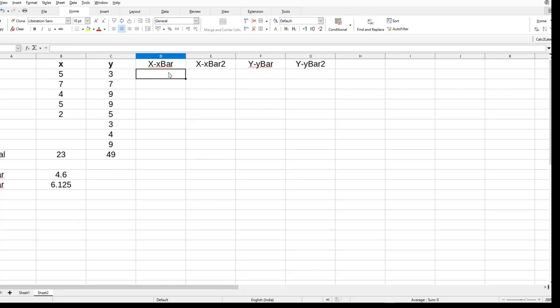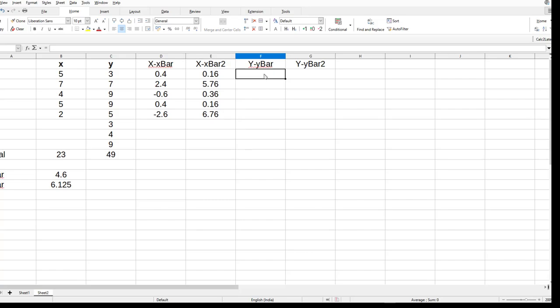So what is x minus x bar? This is equal to 5 minus x bar is 4.6, right? So I will click and drag, which will do the calculation for the rest, and this will be equal to 0.4 square, right? These are the values.